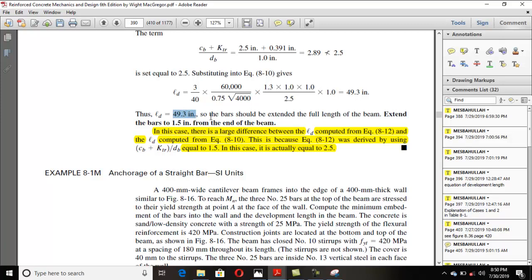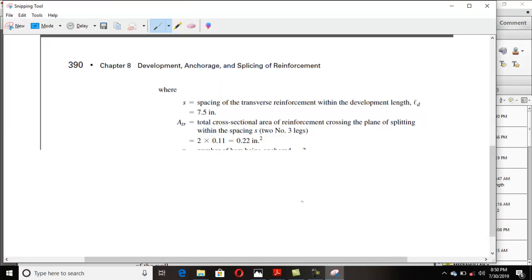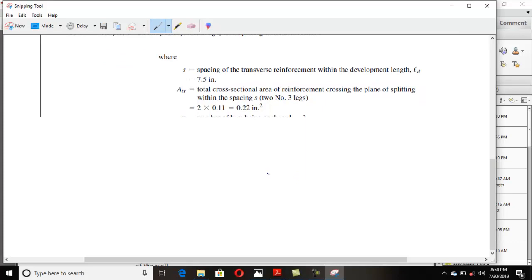So the bar should be extended the full length of the beam. Extend the bar to 1.5 inch from the end of the beam. This means that now the bars can be accommodated into the wall, if this is your beam. So you have to extend the bar into the wall up to 7 feet.